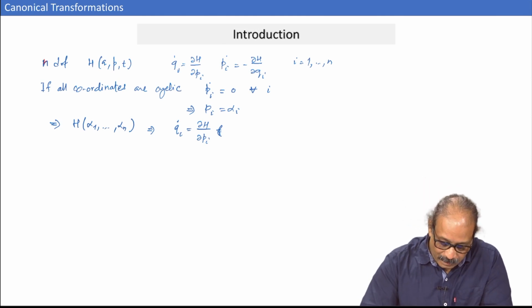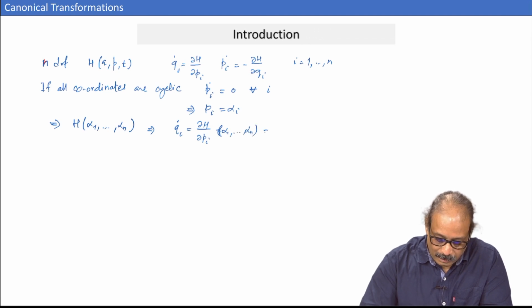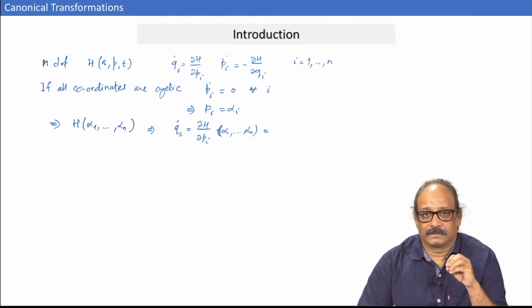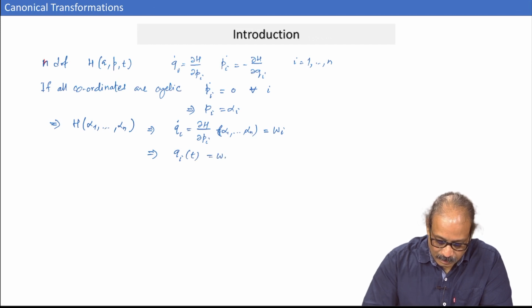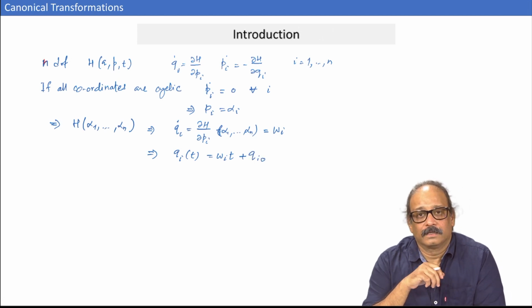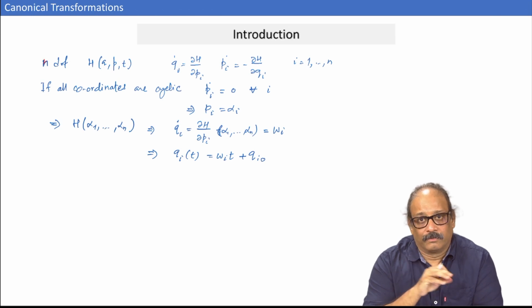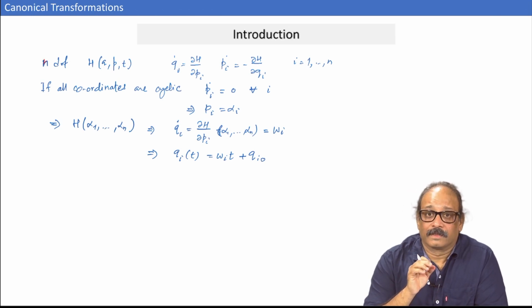So, this in fact would be a function of alpha 1 to alpha n. We will write this constant as omega I, and this solves the system completely: q I as a function of t is omega I into t plus some q I 0. Okay. So, we have solved the problem entirely.